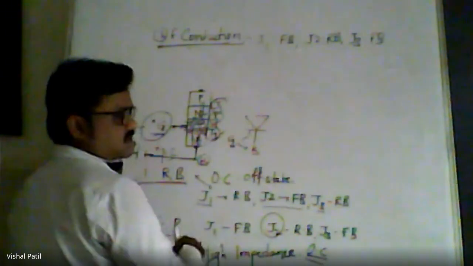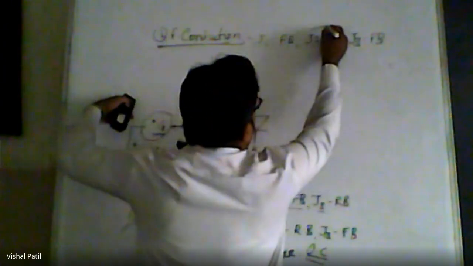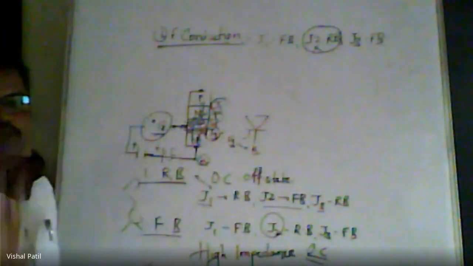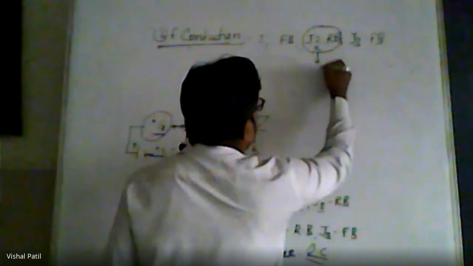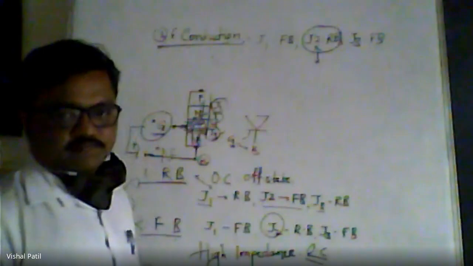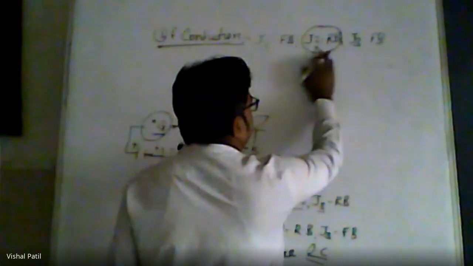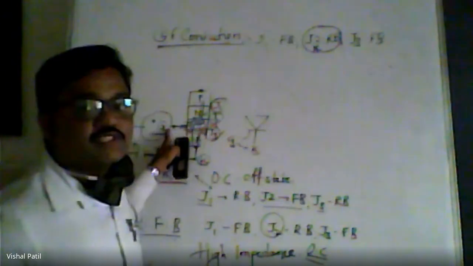But after some time, since the gate is connected, the gate makes junction J2 disappear. So there is no impedance from junction J2 to the flow of current. There is no opposition, because it vanishes because of the gate terminal which is now connected.